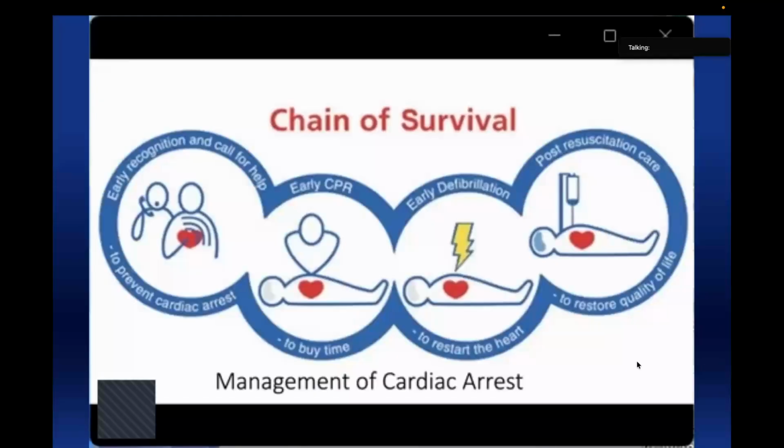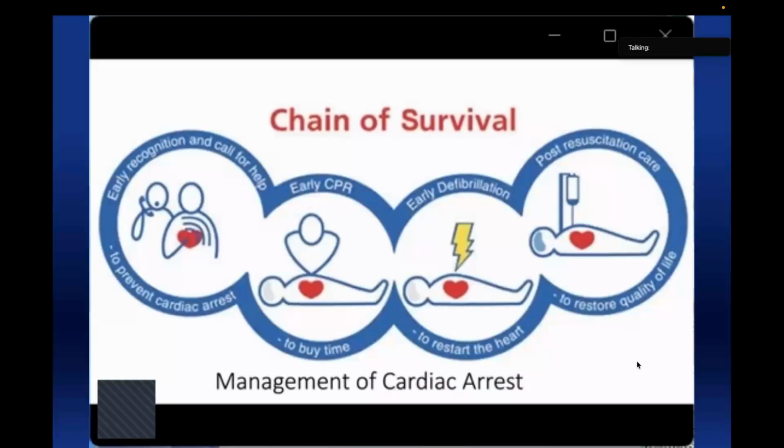That's why the Philippine Heart Association would really want the Philippines to be CPR ready, because if we want to increase the survival rate of those who had cardiac arrest, we have to know how to do CPR.